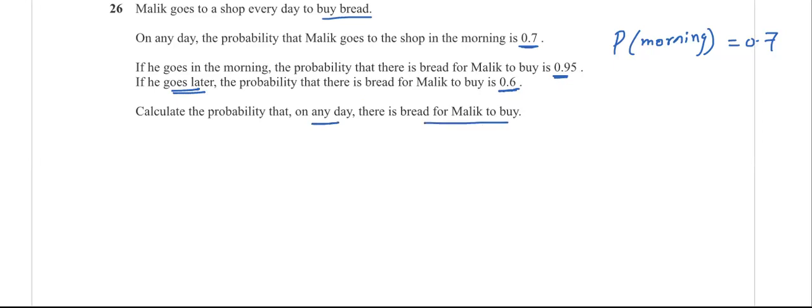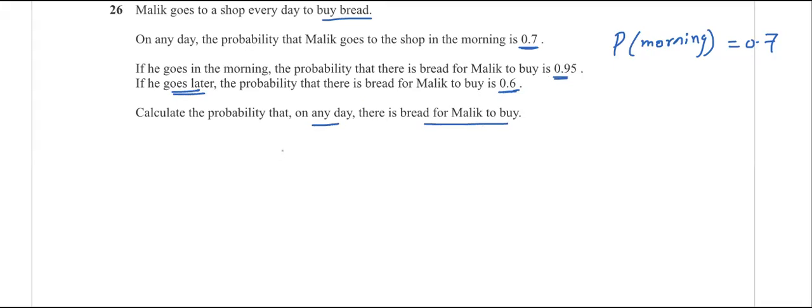So in such a situation, if you remember, we learned that it is always better to make the probability tree. We can make the probability tree, or we can do it without the probability tree also.